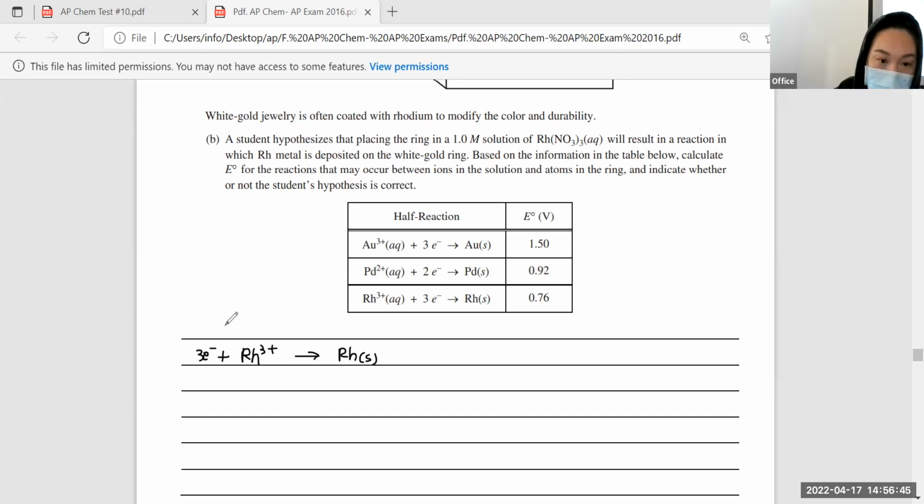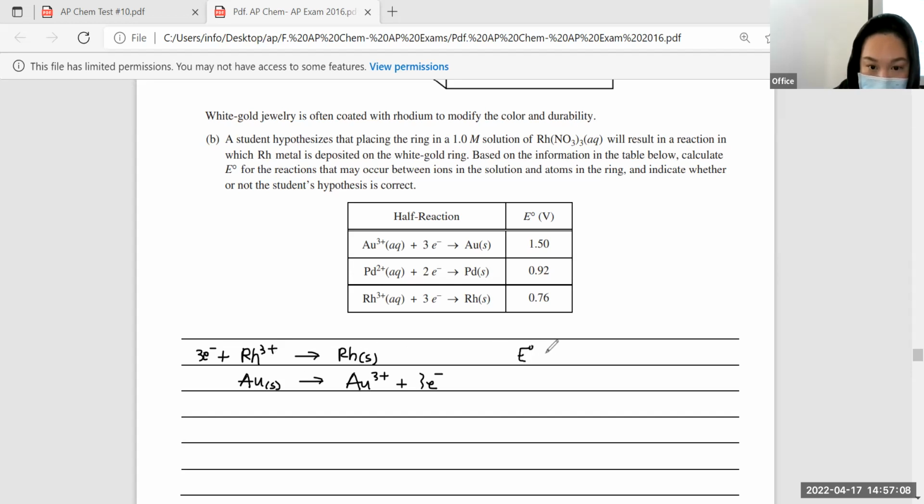deposited on the white gold ring. So what needs to happen to the white gold? Au. Right? Will this reaction occur? So this guy, right?